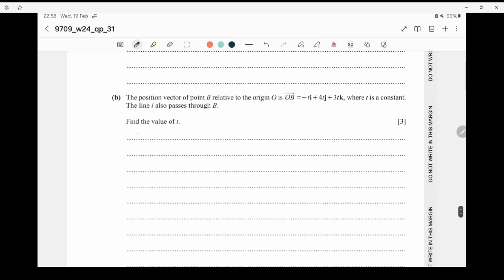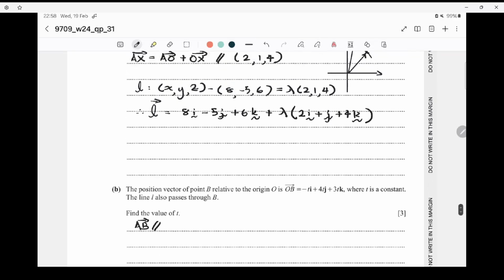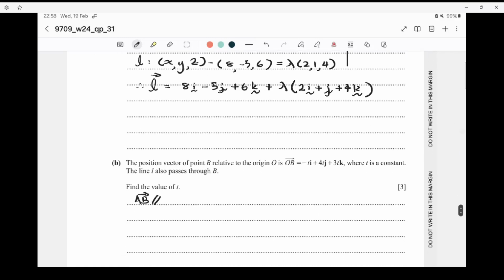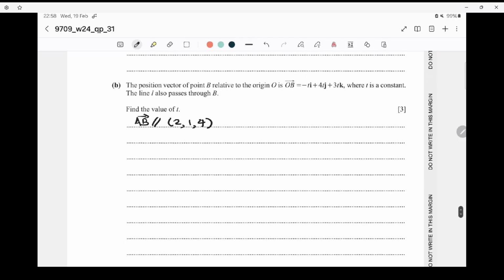So then what you can say is that AB is parallel to that particular vector 2, 1, 4. So AB is AO plus OB. So this is equal to, for example, lambda multiplied with 2i plus j plus 4k.